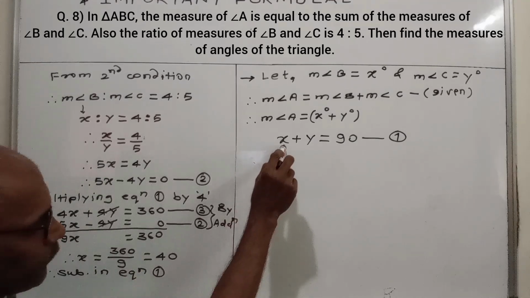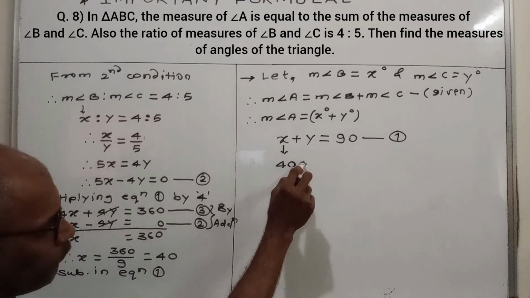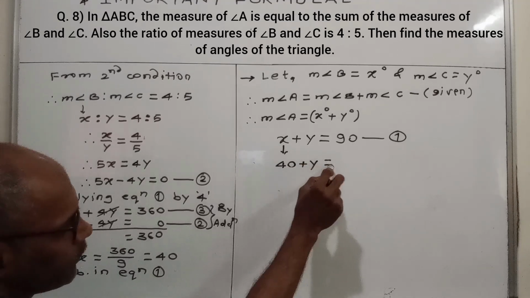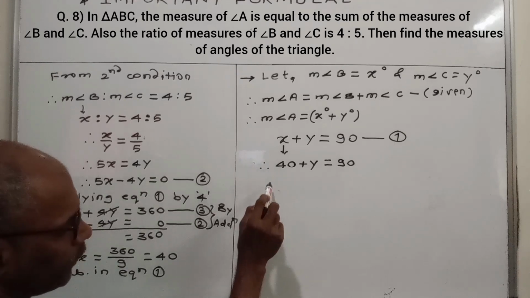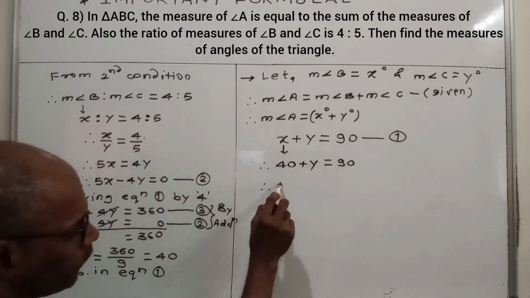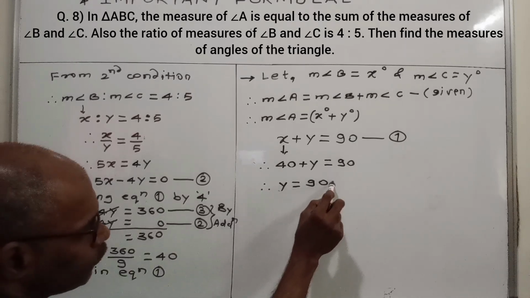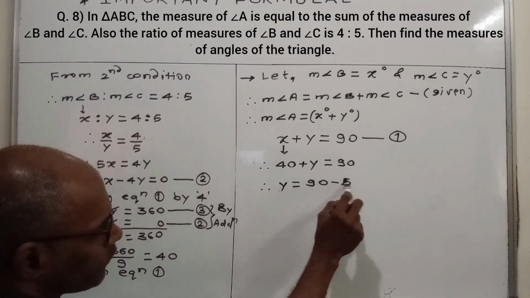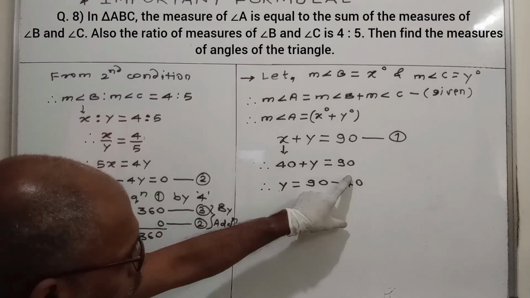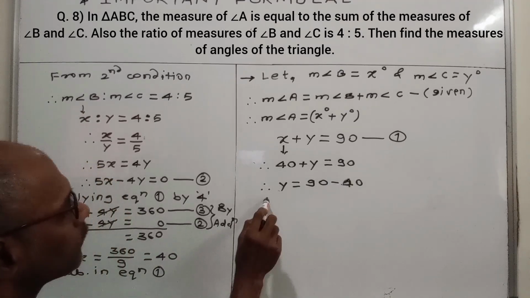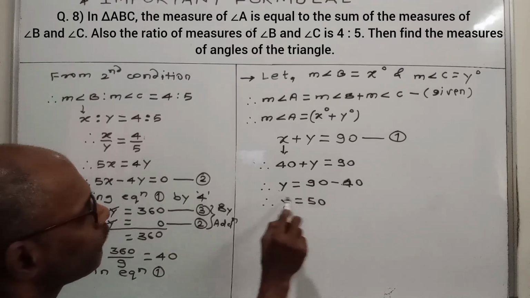Value of x is 40, plus y is equal to 90. Therefore, we take 40 to the right side. Therefore, y is equal to 90 minus 40. Therefore, y is equal to 50.